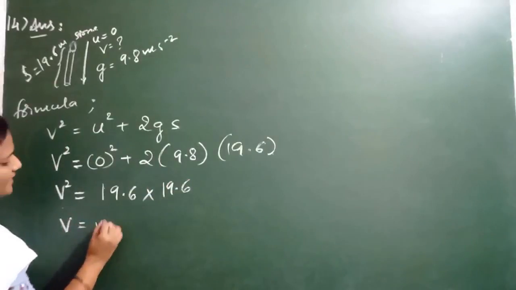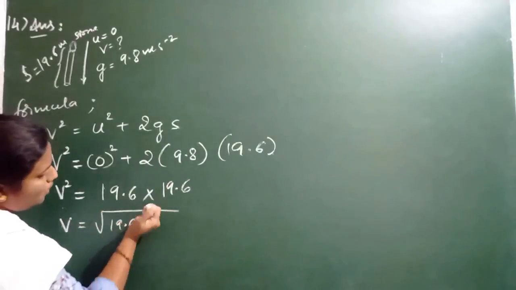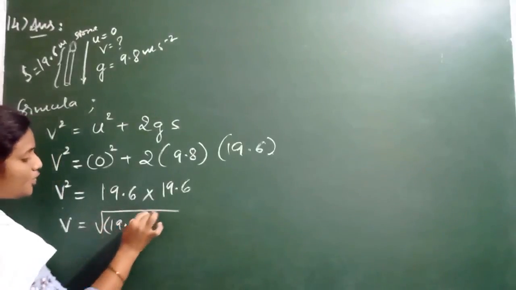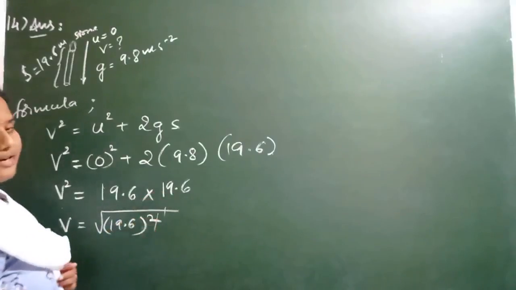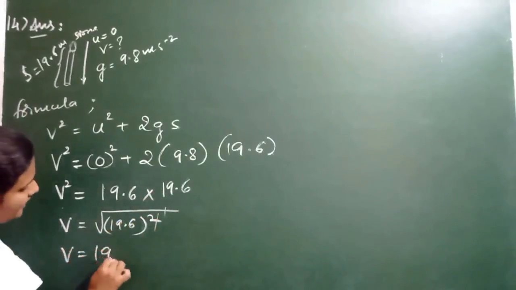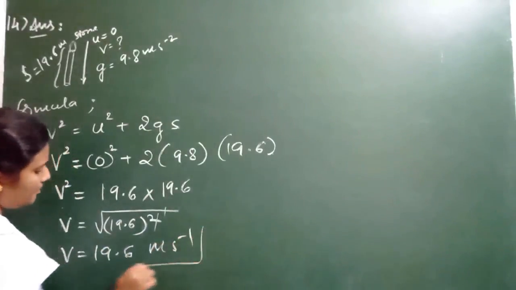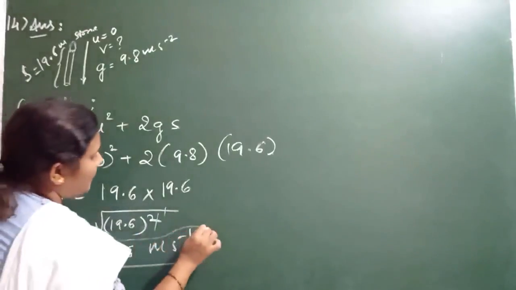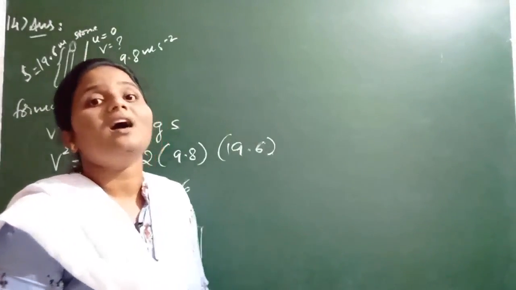Now shall we write this in this way, children? v square equals 19.6 into 19.6, or else 19.6 whole square we can write, because both are the same values. So the square root cancels. Now what is left? v equals 19.6. What is the unit, children? Yes, very good, meter per second. So the final velocity is 19.6 meter per second.